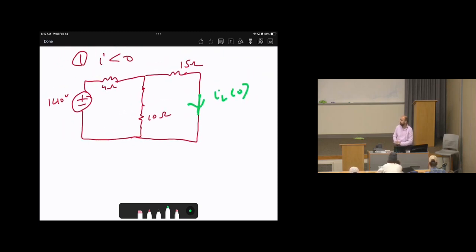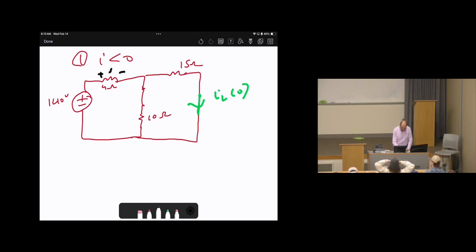It's a DC problem. How to calculate the current of the 15 ohms branch? Any thoughts? Do you know how to calculate the current? What do you think? You do KVL and KCL till we get there. Okay, we can do KVL. So if we do KVL, we can label the nodes and the current.